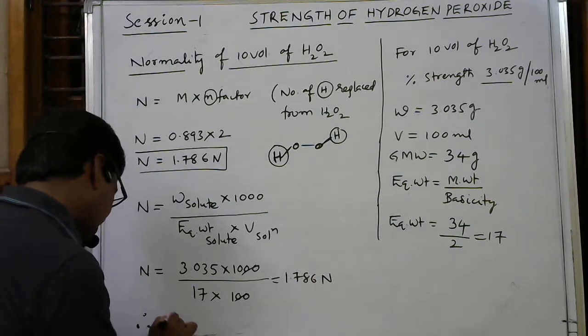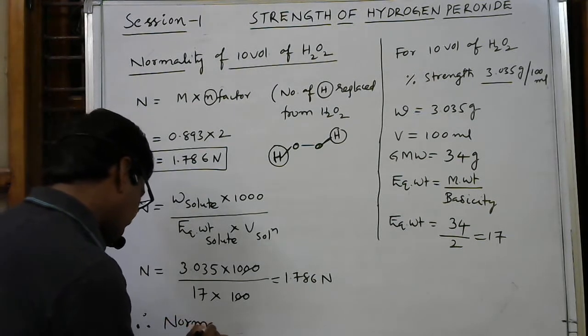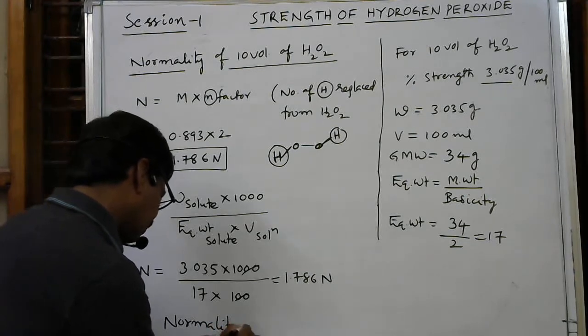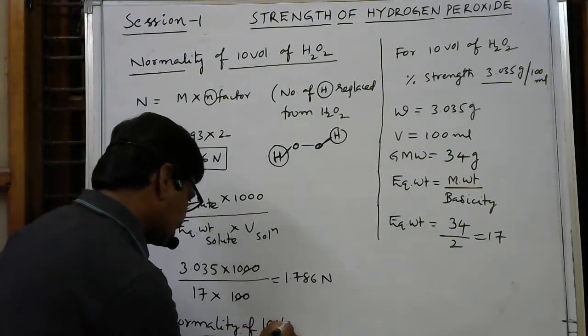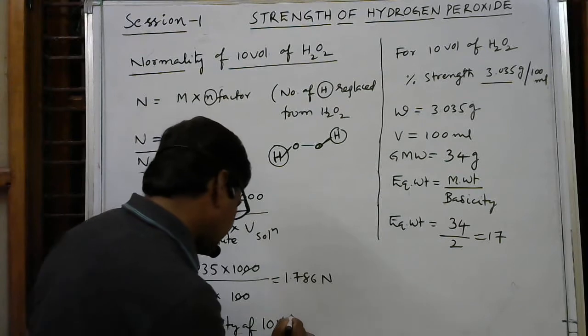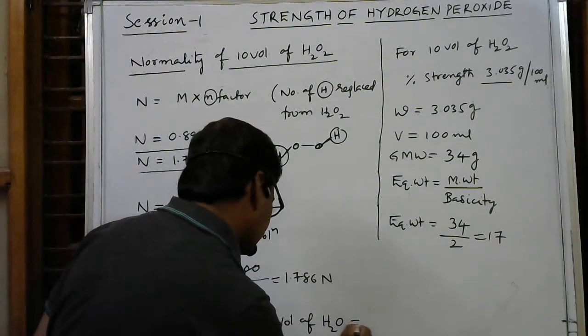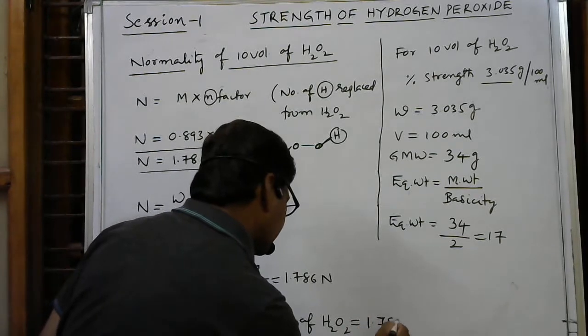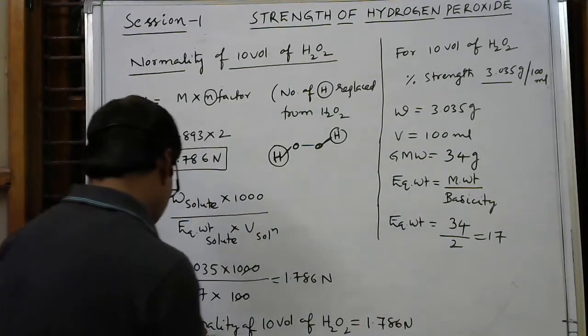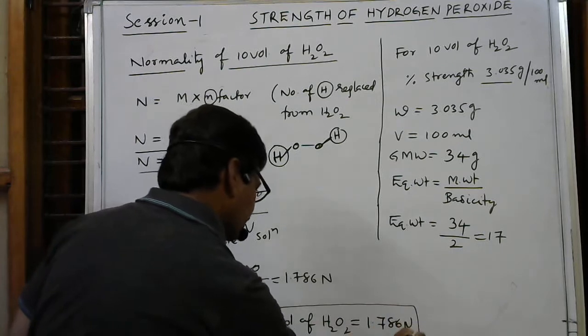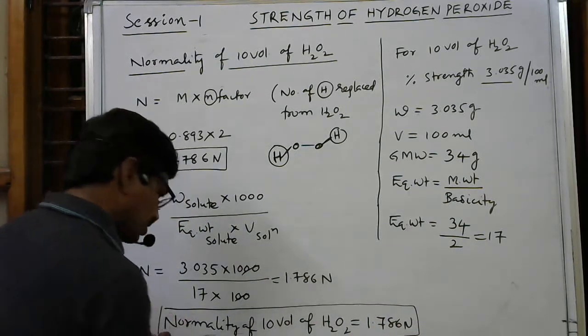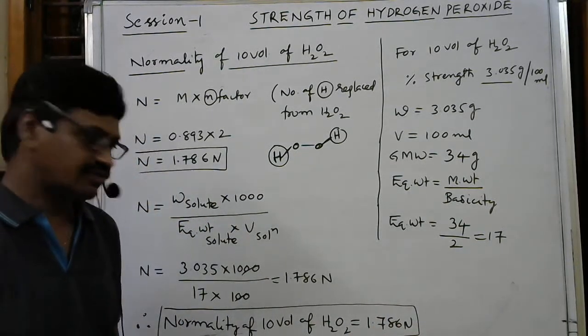Therefore, normality of 10 volumes of hydrogen peroxide is equal to 1.786 N. This reference formula you have to remember. This reference formula we have to remember, 1.786 N.